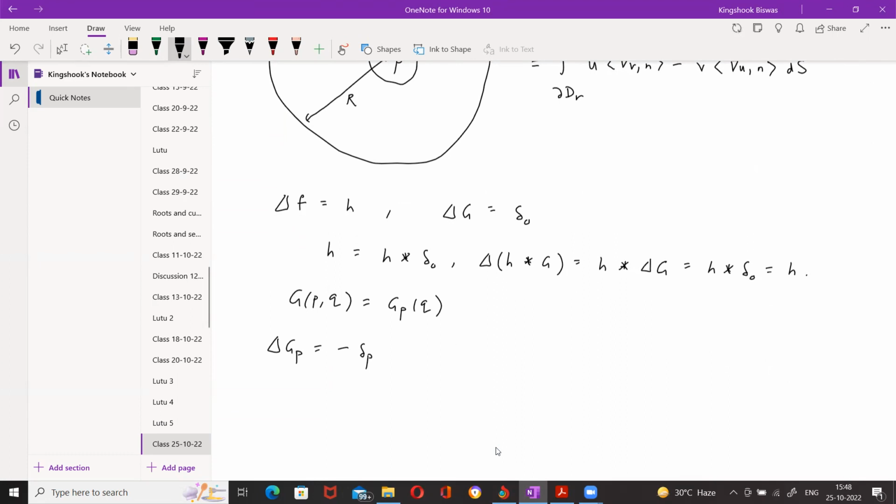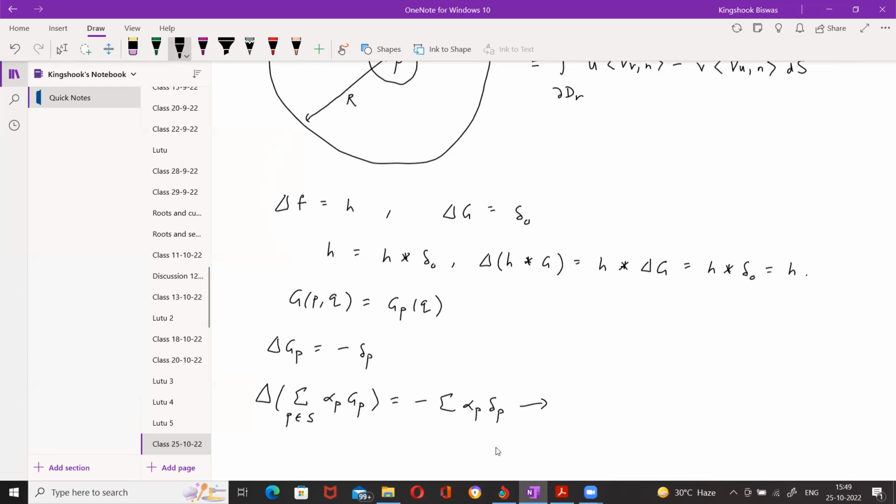So then formally, how are you supposed to do this? If I take a linear combination, a sum over p belonging to some finite set S, of alpha_p g_p, then the Laplacian will be minus the sum of alpha_p delta_p. And linear combinations of Diracs are dense in the space of distributions.